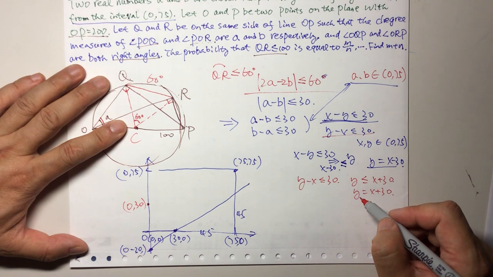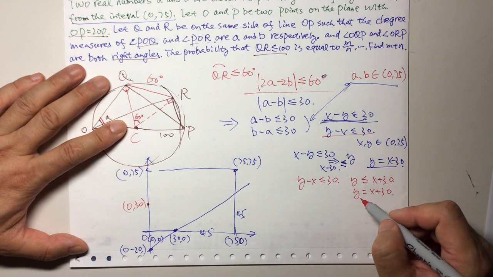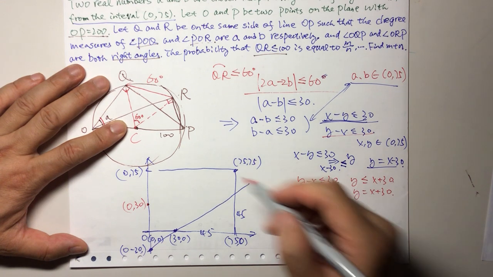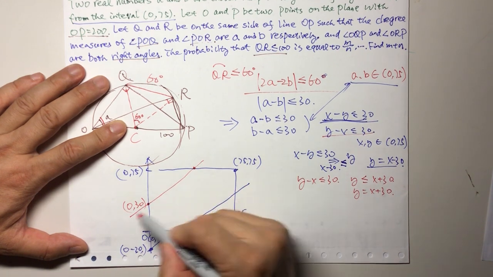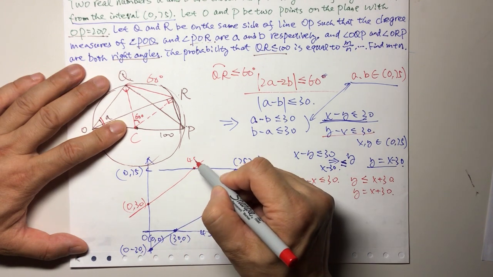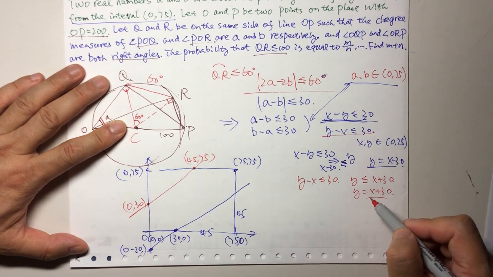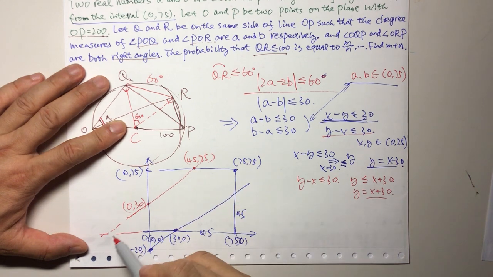And when Y equals 0, X will be negative 30. When X equals 45, Y will be 75. So it will be like this line, right? We don't need this one.